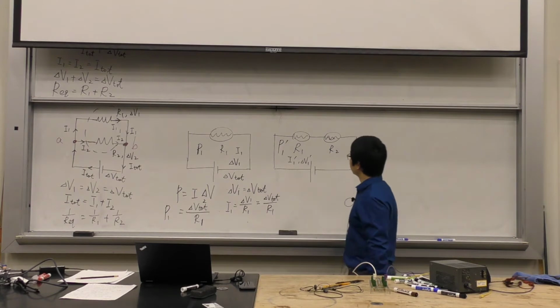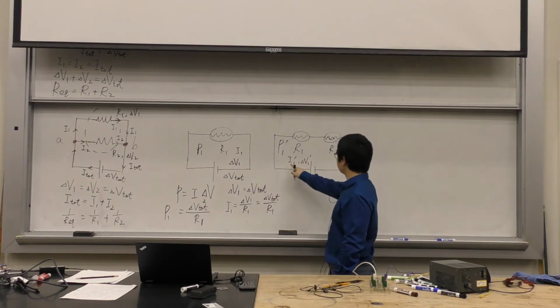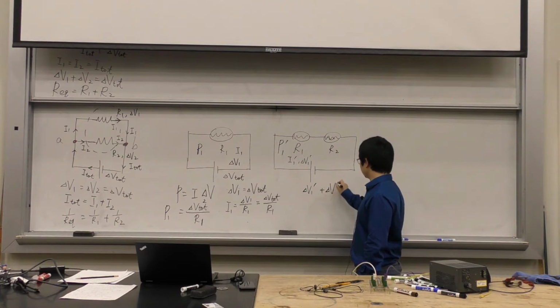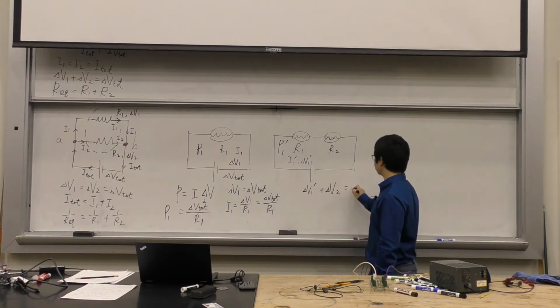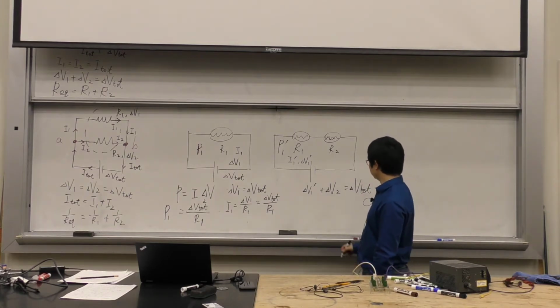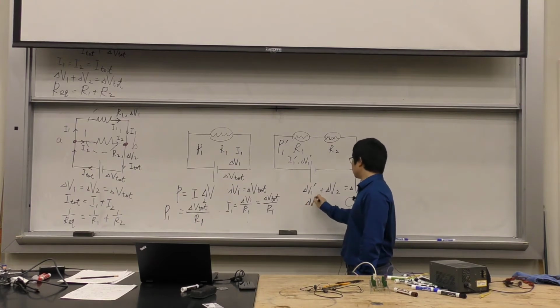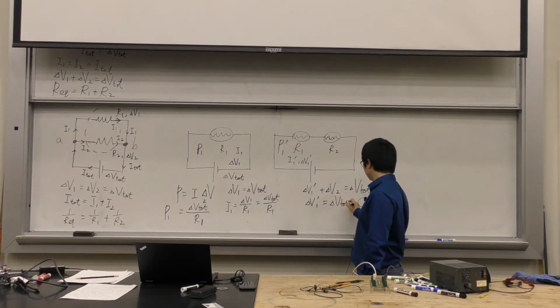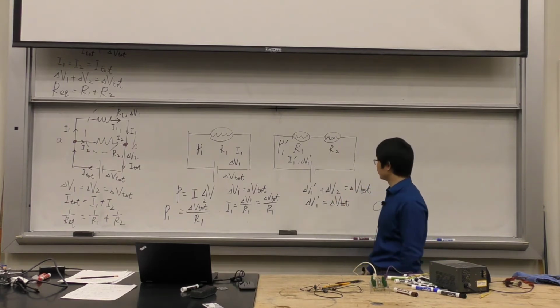Now let's take a look at this circuit. So I want to find this I1 prime and V1 prime. In this case, I know that if they are connected in series, I would have V1 prime plus V2 equals V total for sure, right? So then V1 prime, because none of them is going to be equal to V total, because they only get part of the voltage from the battery, right?